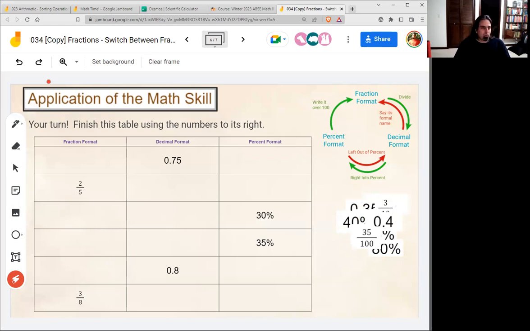Remember that to go from fraction to decimal, all you're doing is division, and you can use your calculator. And to go from decimal to percent, all you're doing is RipLop.